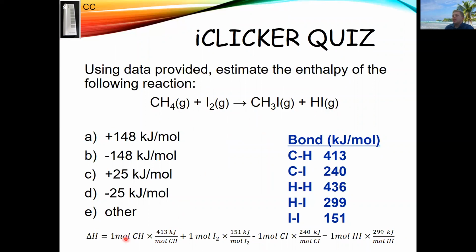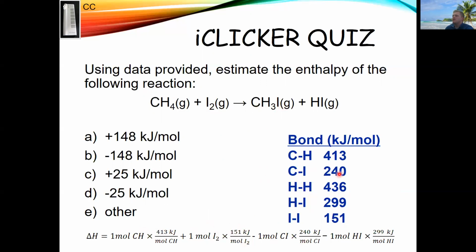So we're going to find the energy of the carbon hydrogen bond here, which is 413 kilojoules per mole. We're going to multiply that by 1 mole because there's a 1 in front of that. Then we're going to break 1 mole of I2 bonds. So we find the energy for that. We take 151 times 1 mole. Then we're forming 1 carbon iodine bond here.